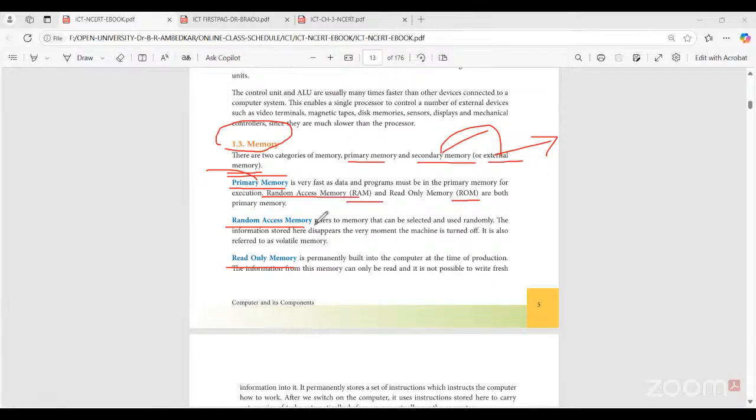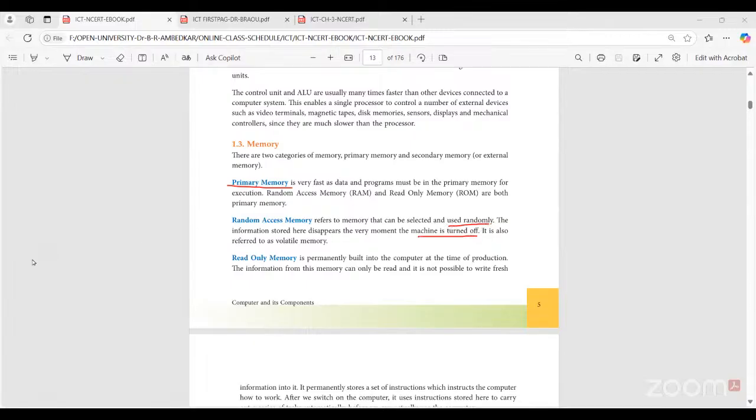See here, RAM is one kind of memory. We understood it is a primary memory which is inside the CPU. The memory stored here disappears when the machine is turned off. This is RAM, random access memory. Whenever you switch off the computer, whatever is inside this memory will be removed.